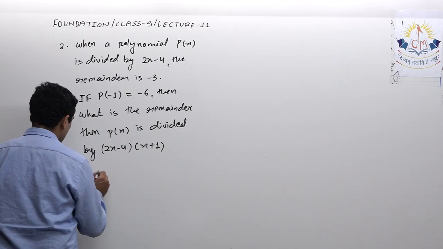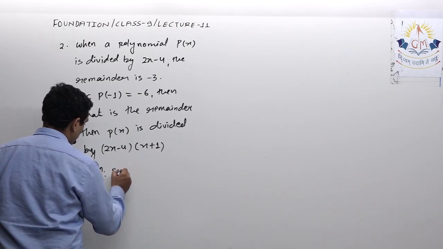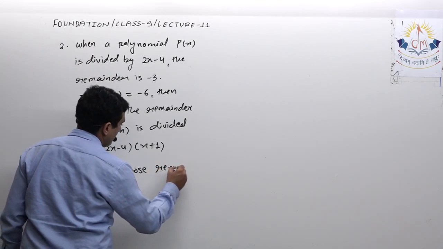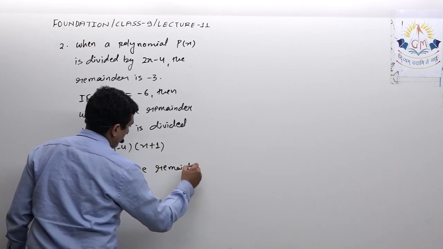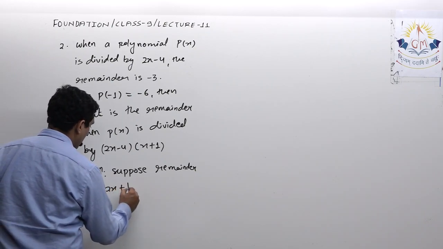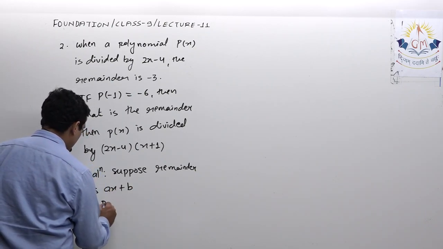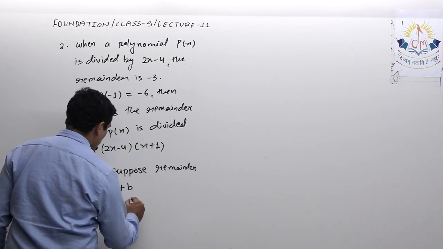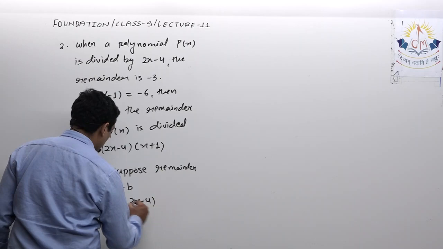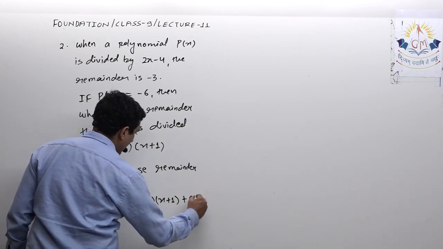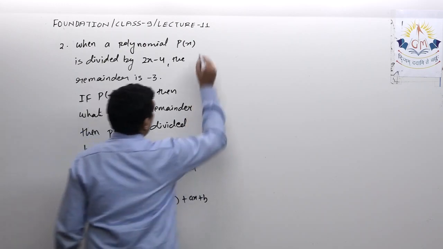Suppose the remainder is ax plus b. Therefore I can write p(x) equal to (2x minus 4)(x plus 1) plus ax plus b.